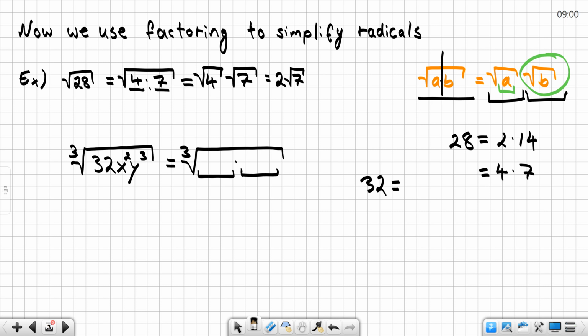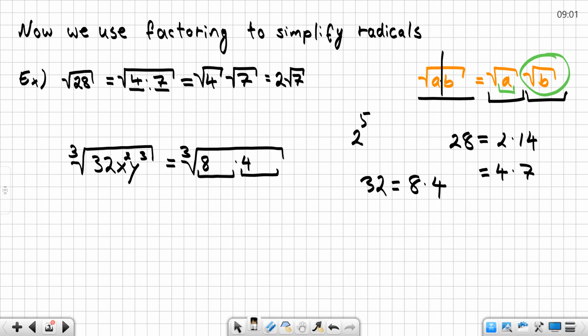Perfect cubes are 8 times, let's see, what do we have? 8 times 4. So 32 is nothing else but 8 times 4, 8 being a perfect cube.